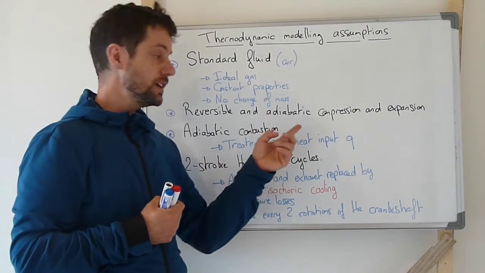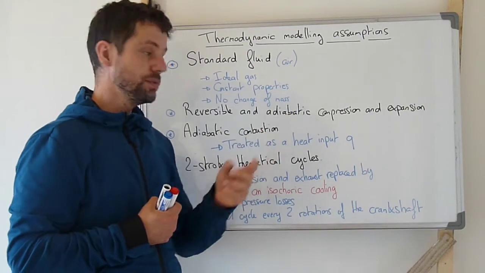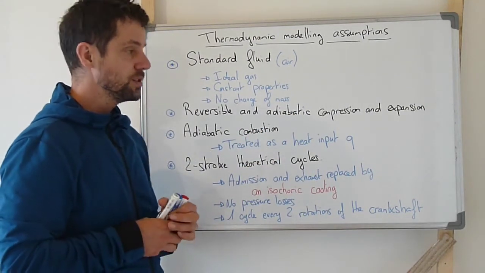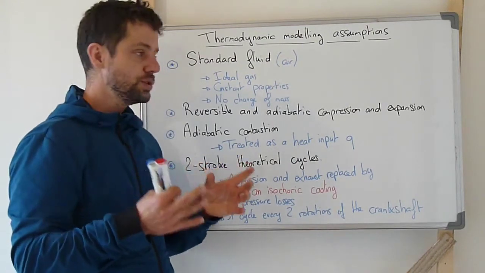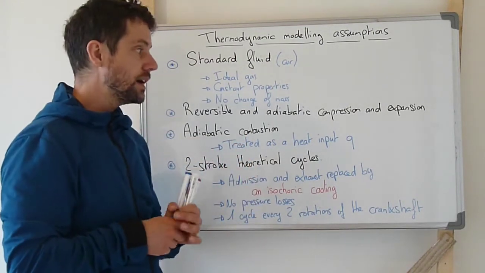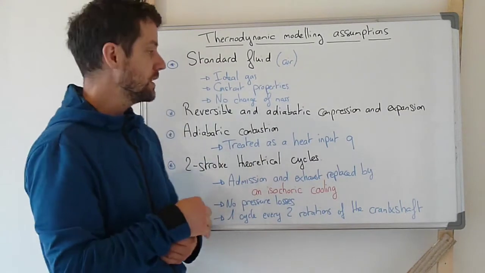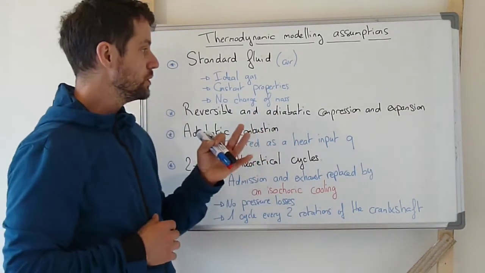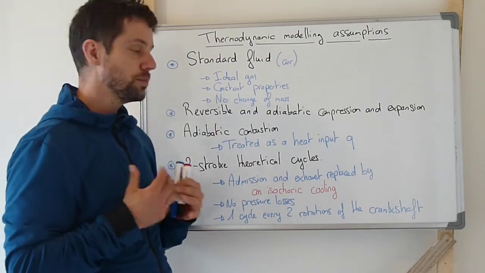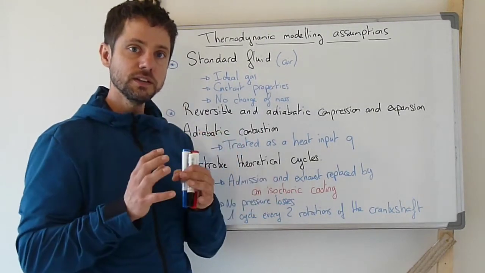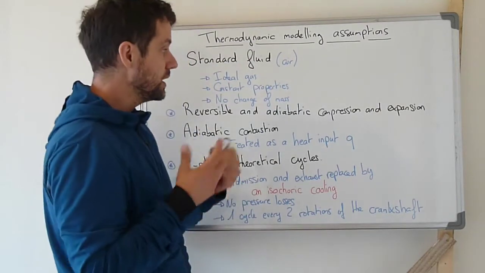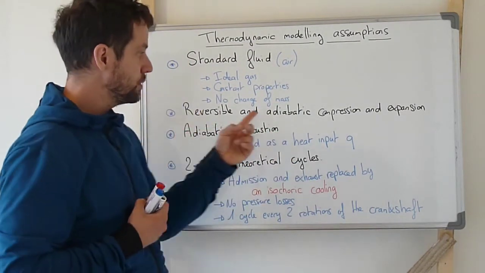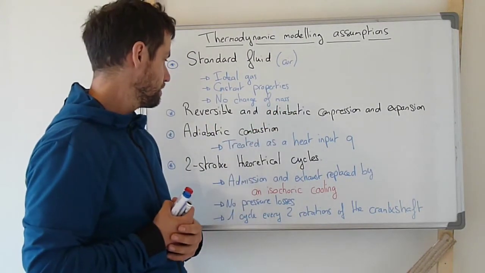But adiabatic, as it was discussed before, is not true at all, because the motor body is usually cooled down. So there are other models that can take into account this heat transfer using polytropic transformations, but this will not be done during this course. We'll make the big approximation to consider the compression and expansion reversible and adiabatic.